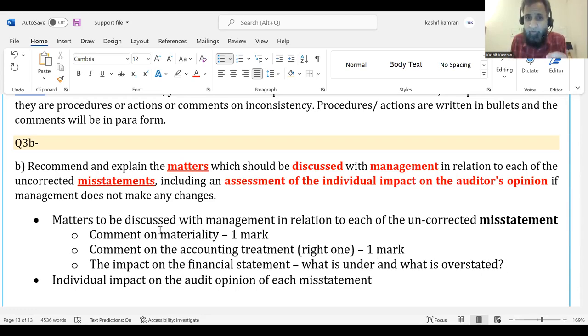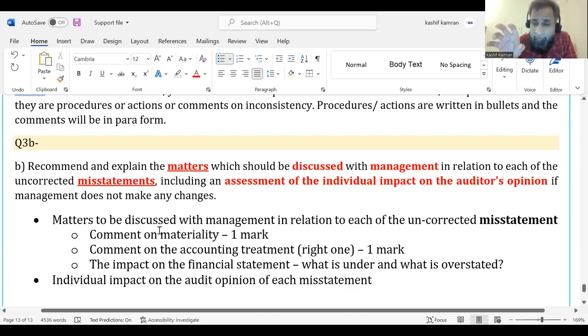So you're discussing with the management the impact on the financial statements, not on the opinion, right? So first you comment on the materiality, then you comment on the accounting treatment, then you comment on the financial statement impact. 3 matters to be discussed in relation with this.